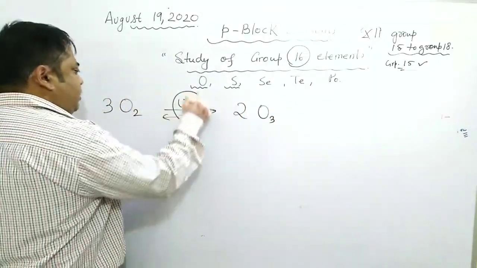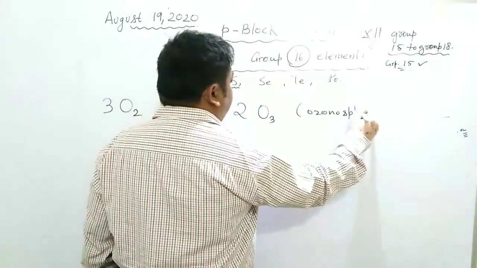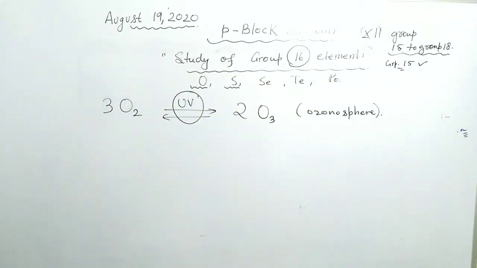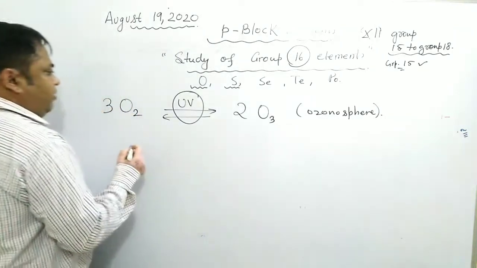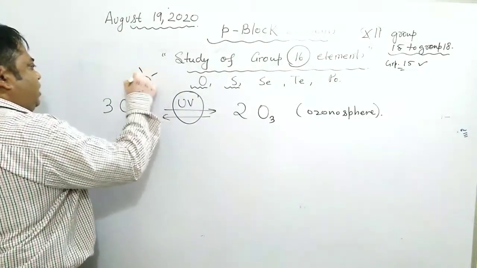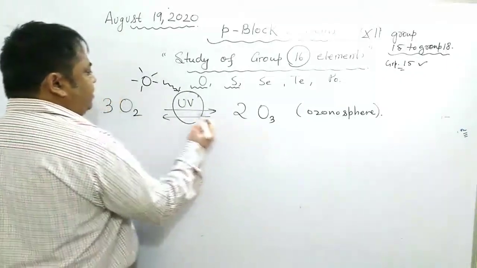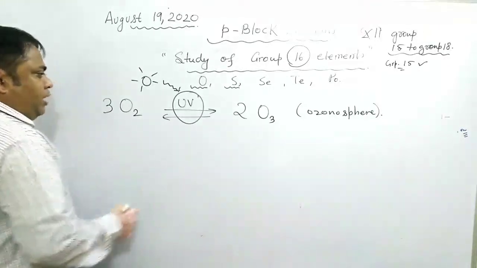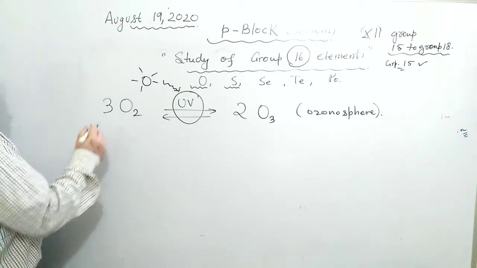This reaction takes place in the ozonosphere, a layer of our atmosphere 20 kilometers above the Earth's surface. There the UV rays from the sun are used up to convert O2 to O3. Else the UV rays can percolate into the lower atmosphere and be harmful to our skin. So this is not laboratory preparation.